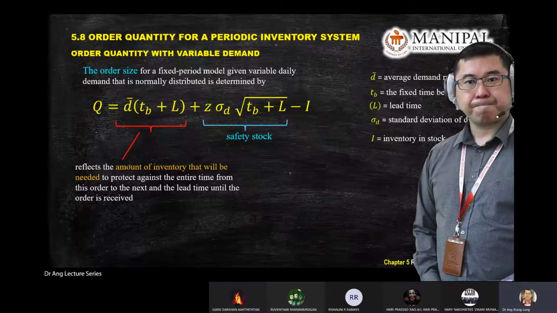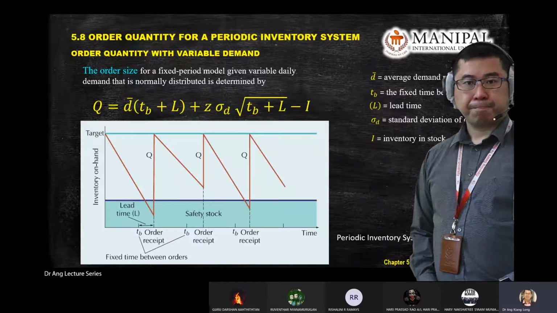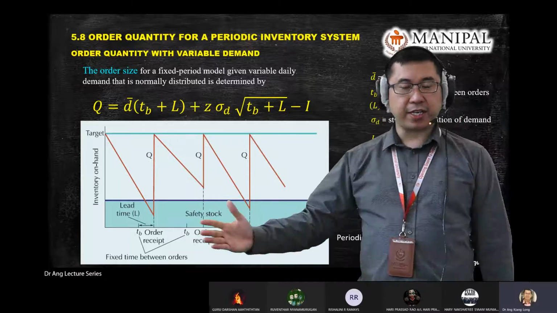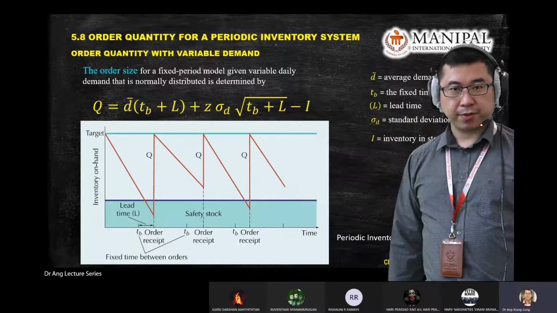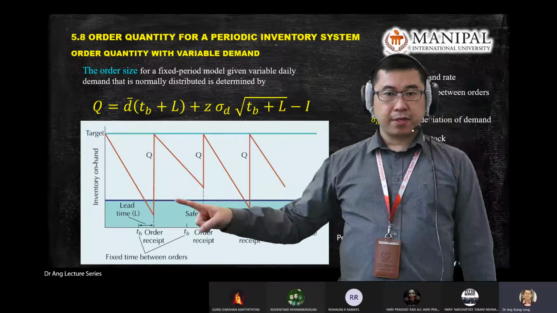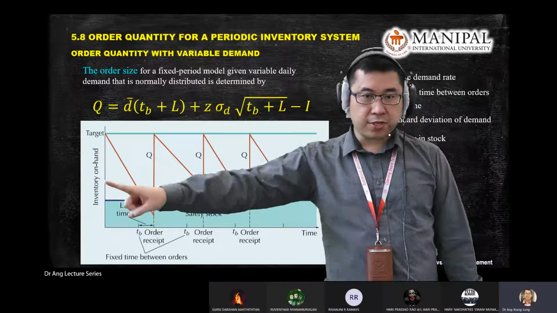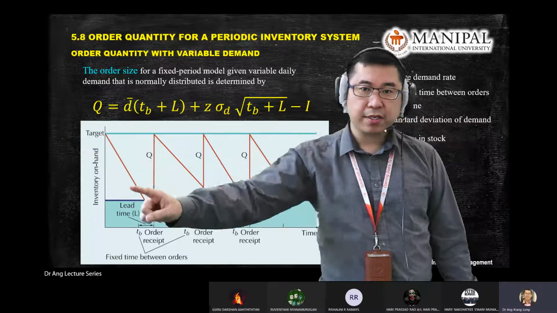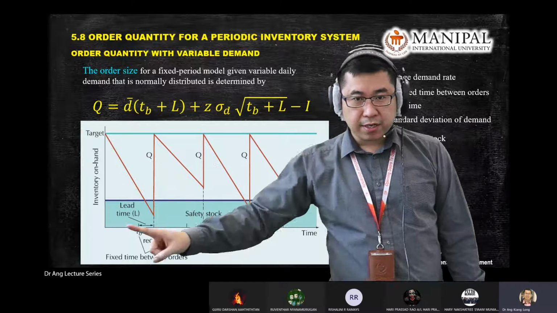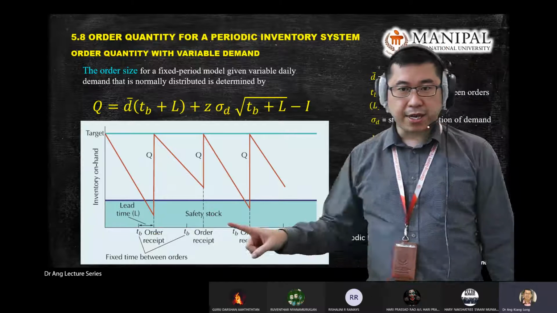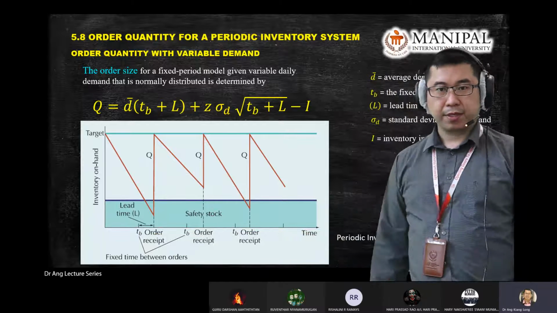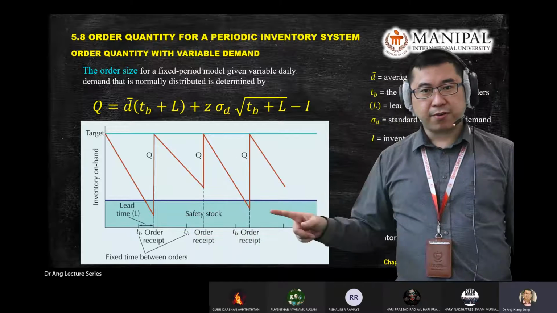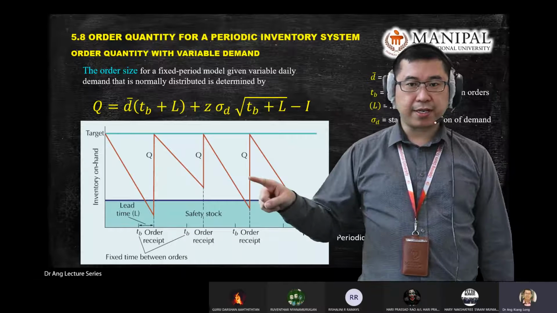Okay, so you also have this graph in your handouts, right? You can see that the y-axis is your inventory. The x-axis here is the time. So what is the pattern of this graph? You observe the red color line.